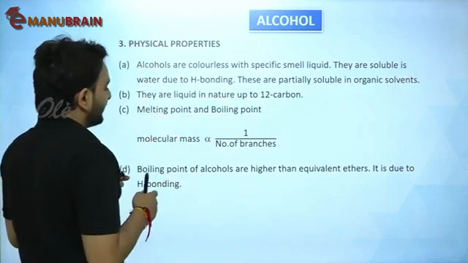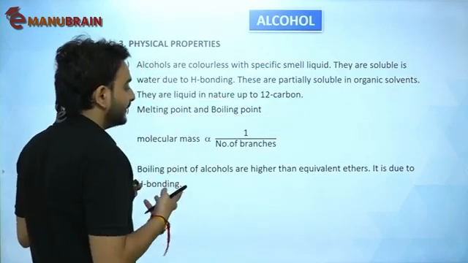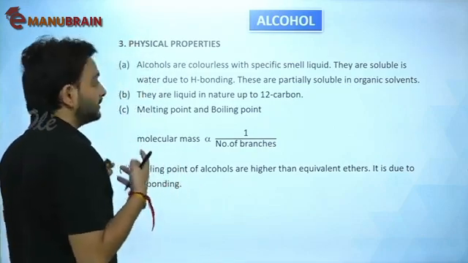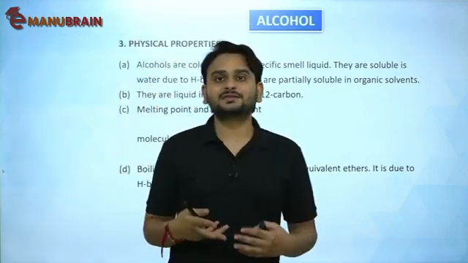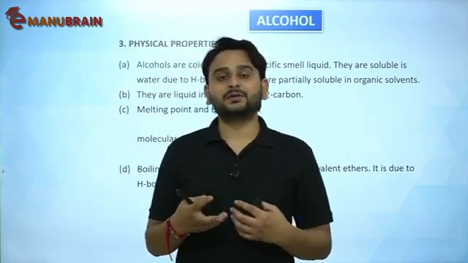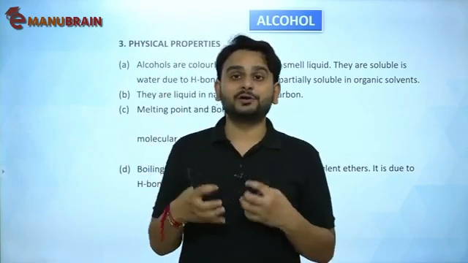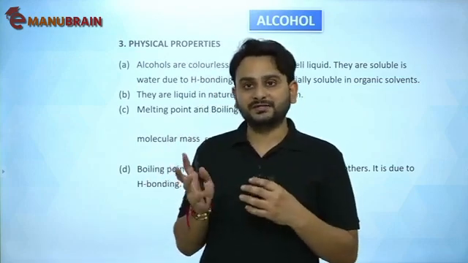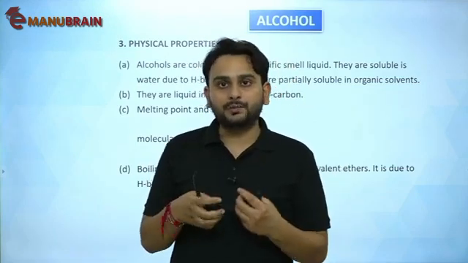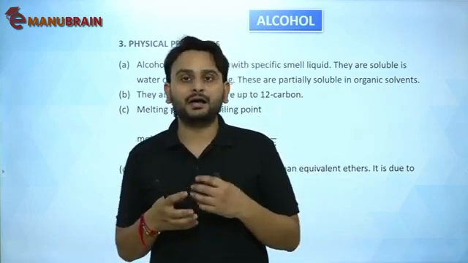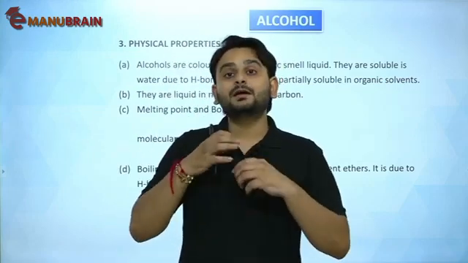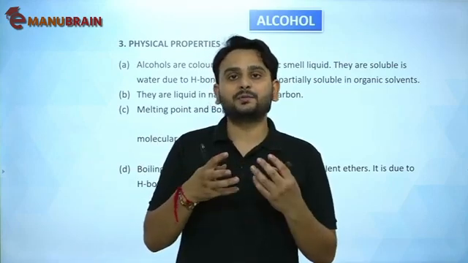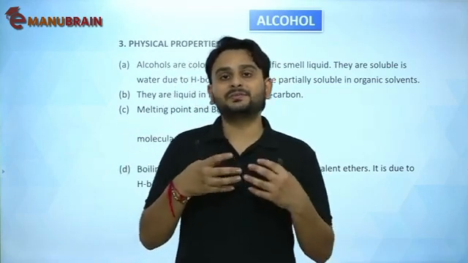Boiling points of alcohols are higher than equivalent ethers, guys, due to the hydrogen bonding. So ROH, for example, if you take an aqueous solution of it, there will be strong hydrogen bonding, guys. It will always be intermolecular, right?